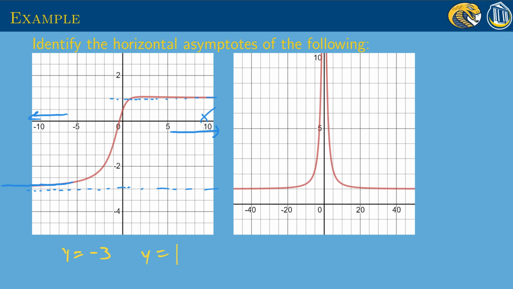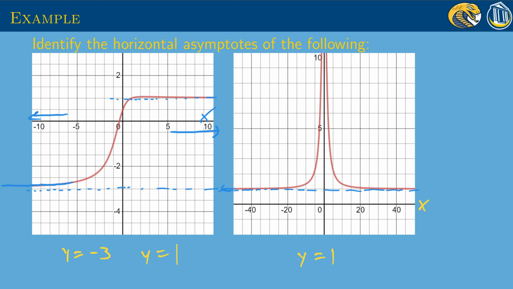What about this graph on the right? Again, we're looking at our x-axis, and we can see that as x decreases, the function looks like it's getting closer and closer to this horizontal line right here at y equals +1 again.